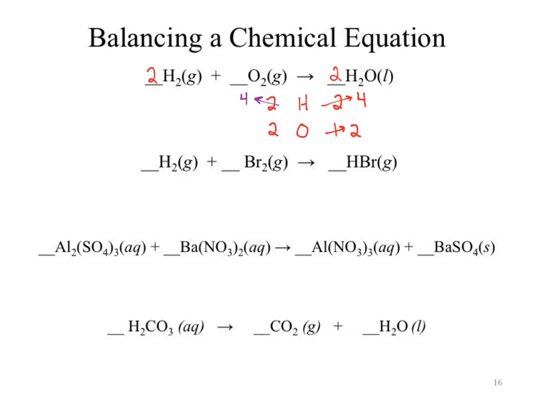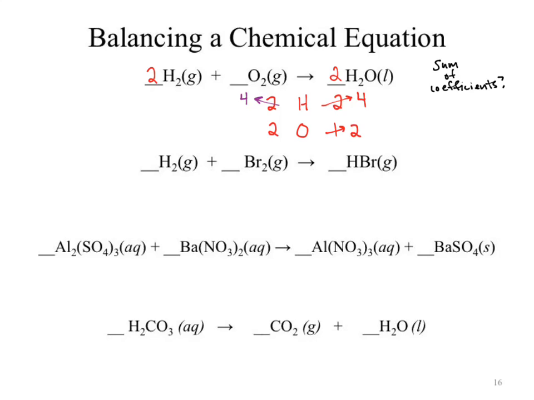Okay? One last question that you might see pop up is, what is the sum of the coefficients of the balanced equation? The reason we would ask this question, coefficients, is that if you balance the equation properly, you'll get a certain number.